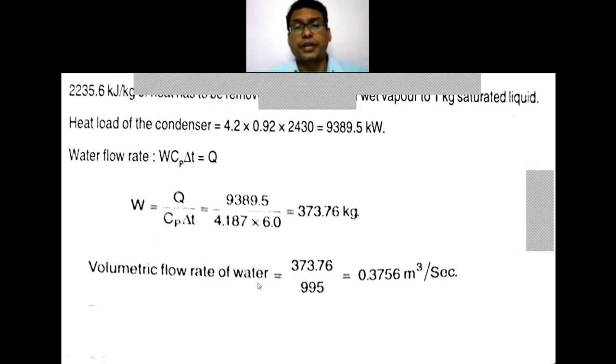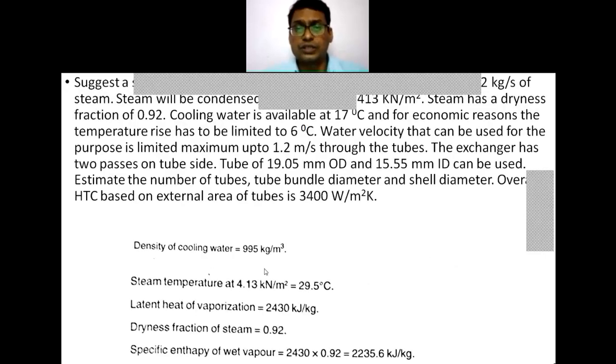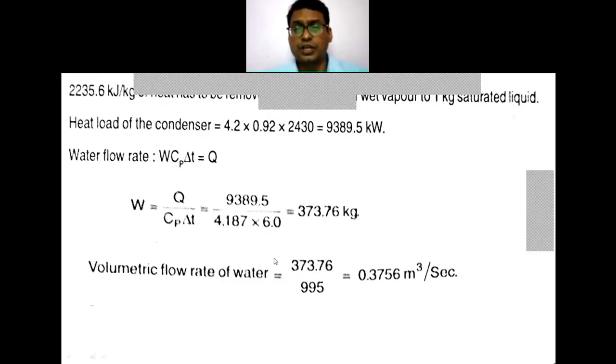Then the volumetric flow rate is the kg per second divided by the density. 995 kg per meter cube is the density that is given.